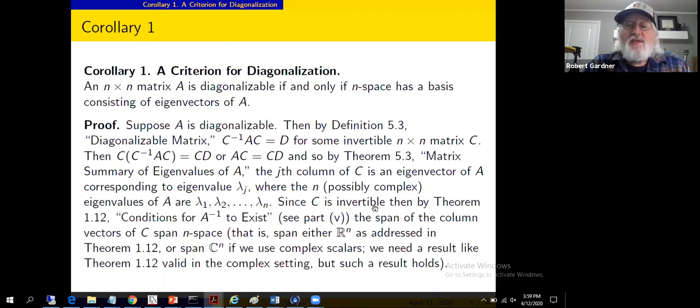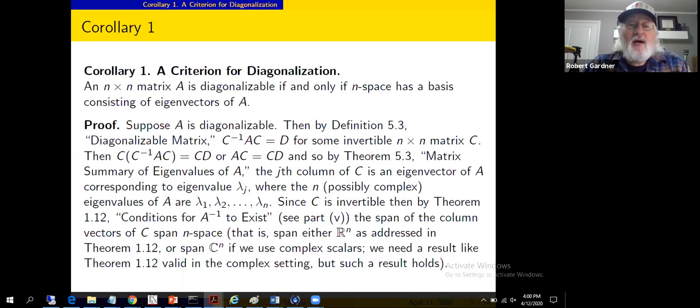But when C is invertible, then the columns of matrix C span n space. Theorem 1.12. This is that conversation we were having about linear independence and rank. So I could express this in terms of linear independence and ranks, but this is what we were just describing.